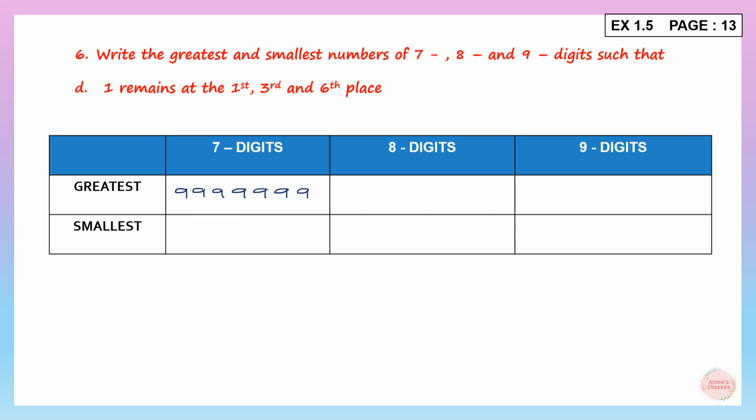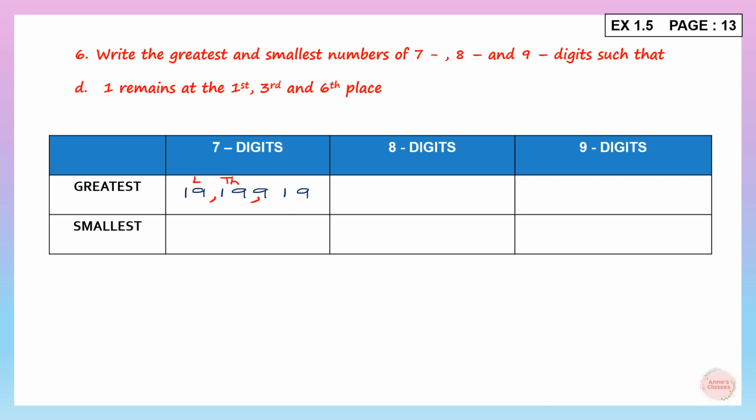So we'll remove all those 9s and put 1 in those places. Now we're going to place our commas and read the number. Ones, tens, hundreds, thousands, 10,000s, and this is lakh.